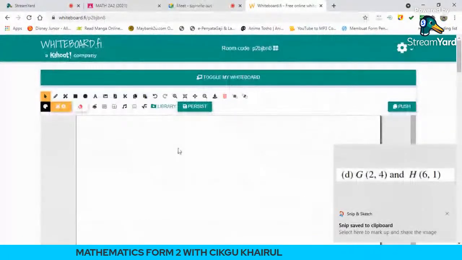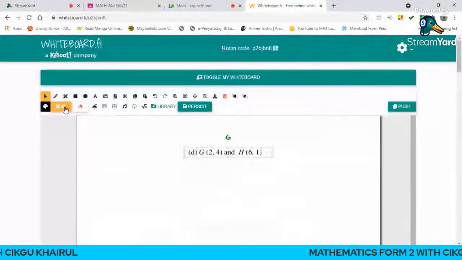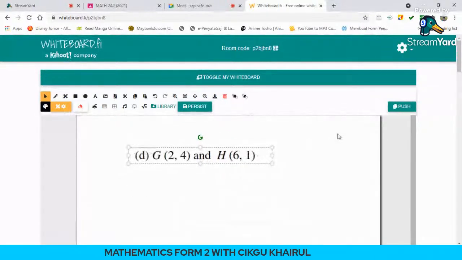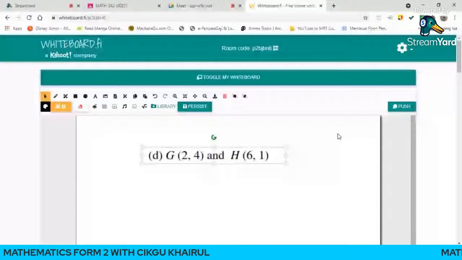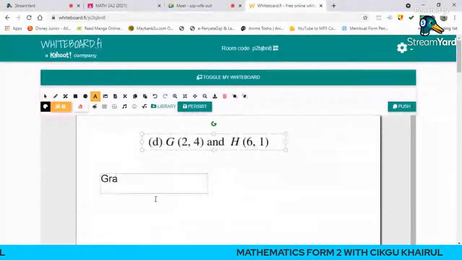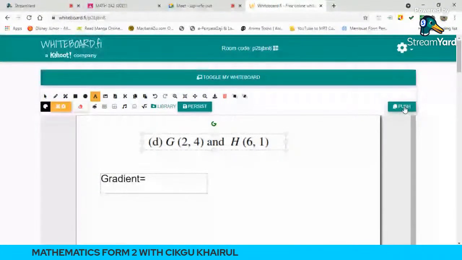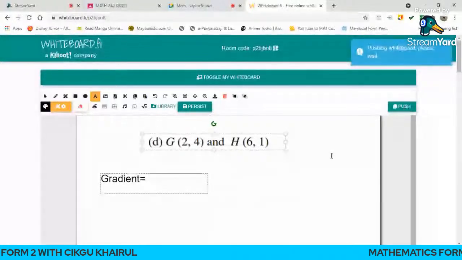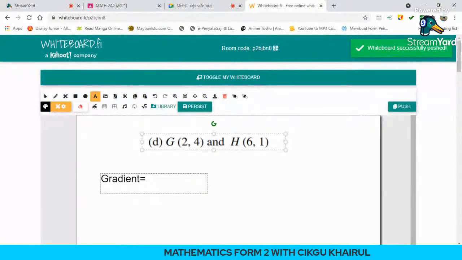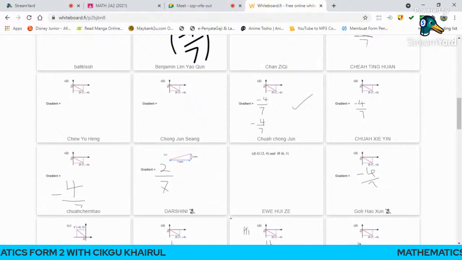Okay, so this is the question. Try to find the gradient. So let me type here, gradient equal to. Okay, so you try. Okay, you can try open the whiteboard and try answer question number 10D.